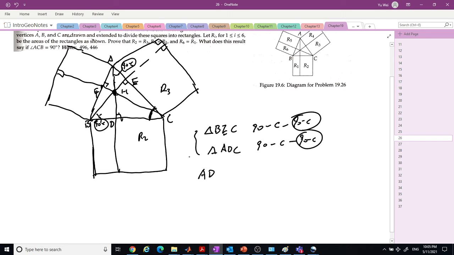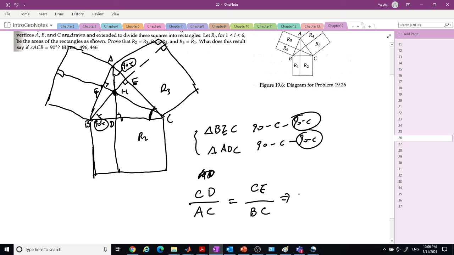If they are similar, that means CD over AC is equal to CE over BC, right?